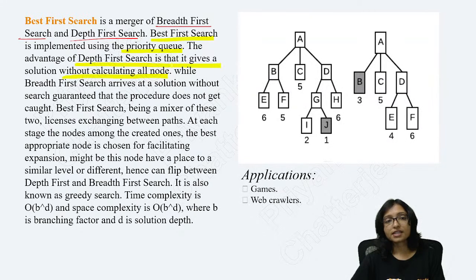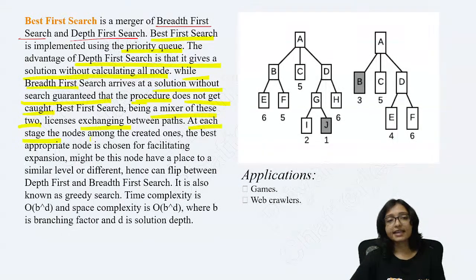The depth first search gives a solution without calculating all the nodes, while the breadth first search is solution guaranteed, but the procedure does not cut. But best first search is the mixture of these two, so it allows switching between the paths.